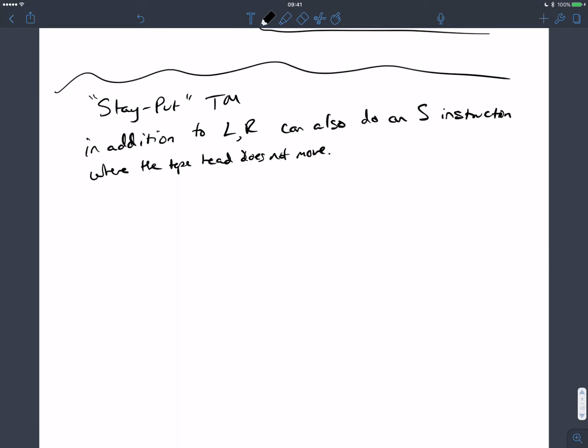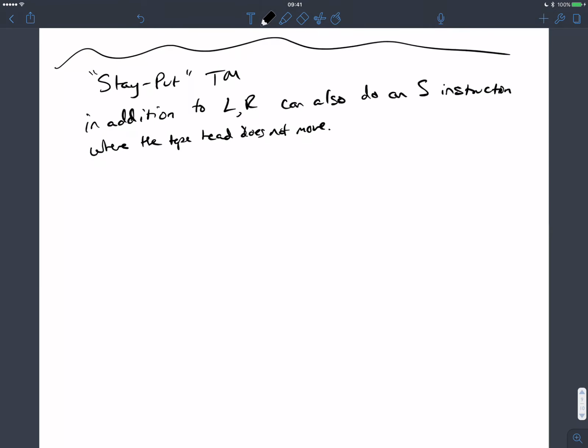So it can do exactly what it could do before, but it could also stay exactly where you are and change the symbol on the tape if you want. So clearly, any stay put Turing machine can do what a normal Turing machine can. But could a normal Turing machine simulate a stay put machine?